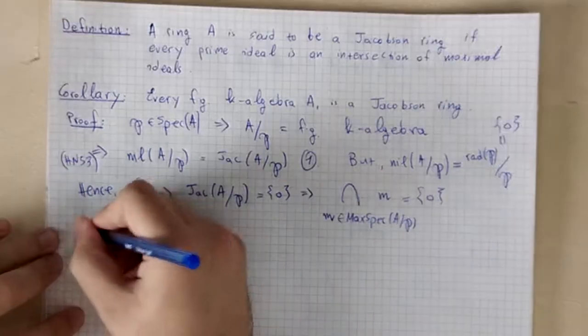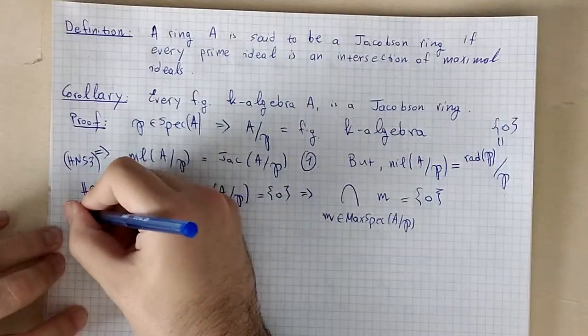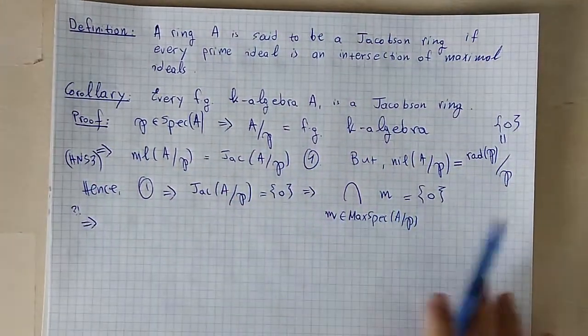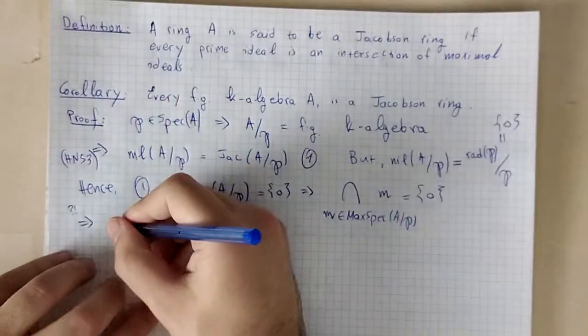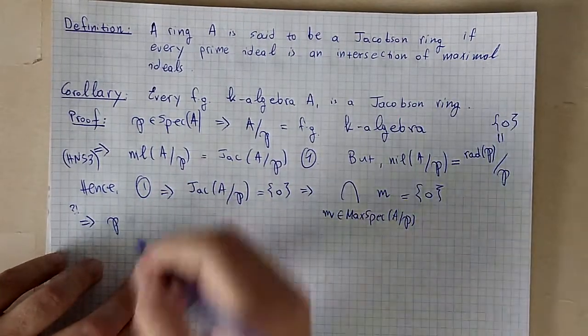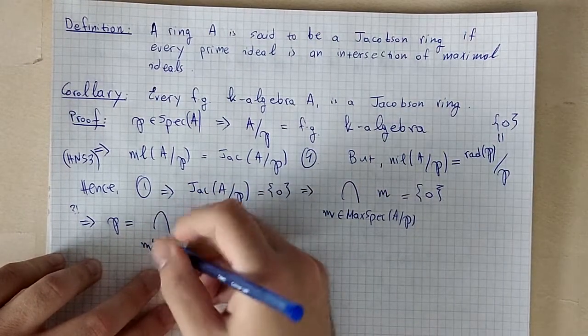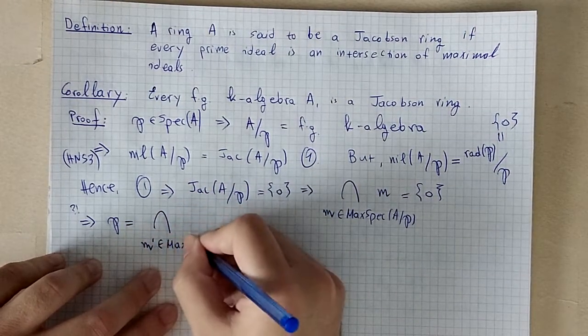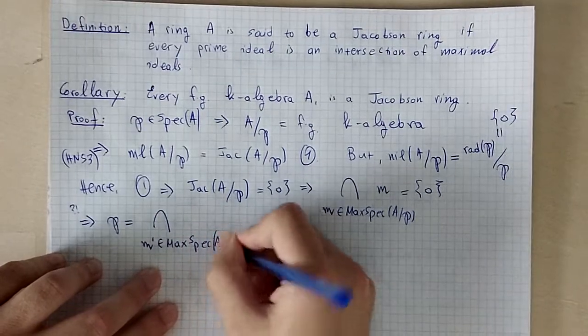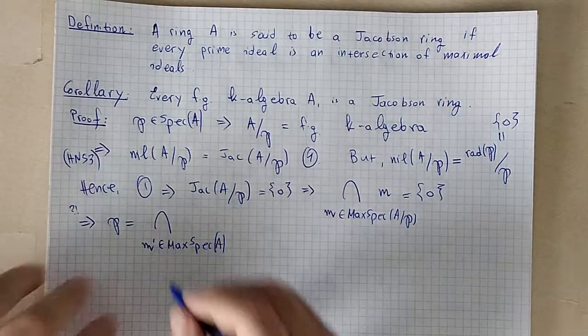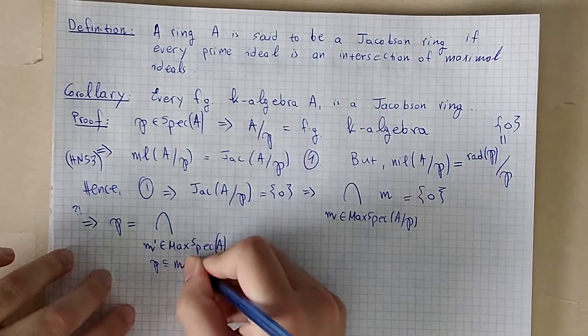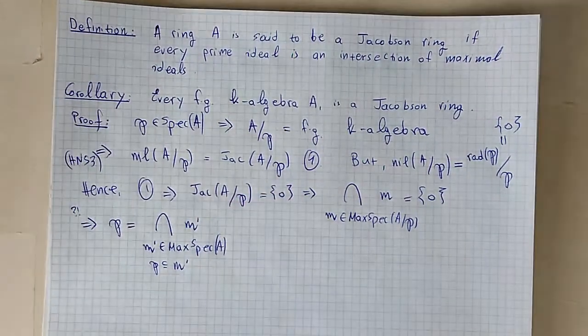And now I claim that this equality implies the desired result. So it implies that P is going to be the intersection of all the maximal ideals M prime in A such that P is contained in M prime.